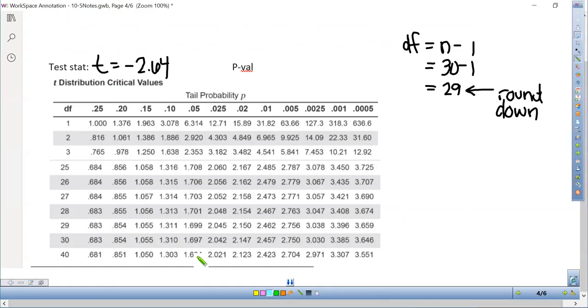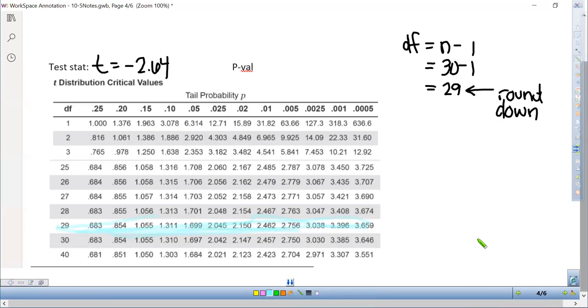And so that means that when we're looking for our T to identify the p-value, we can use that line. So we're going to use the line of 29 in order to look for the p-value. So we're looking at these numbers for our T, or as close to our T as we can get to find that value.